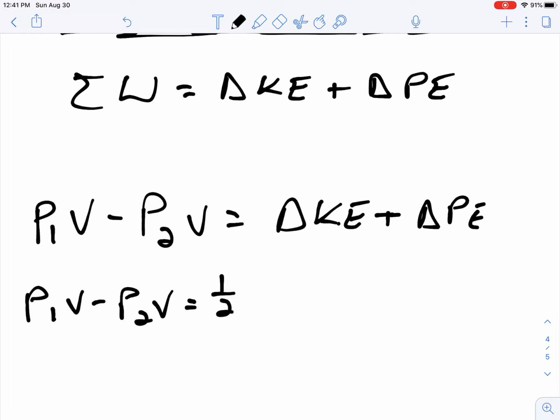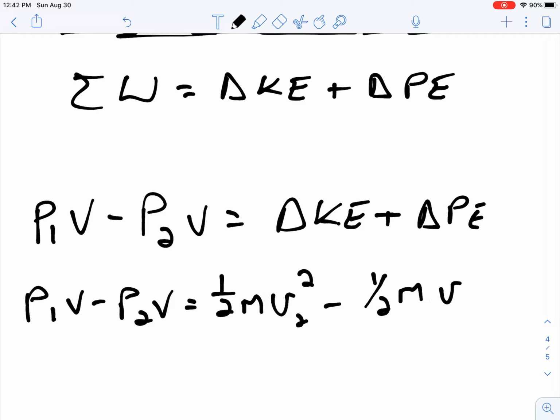Well, that's going to be 1/2 mv squared, but we're talking about 1/2 mv2 squared minus 1/2 mv1 squared.